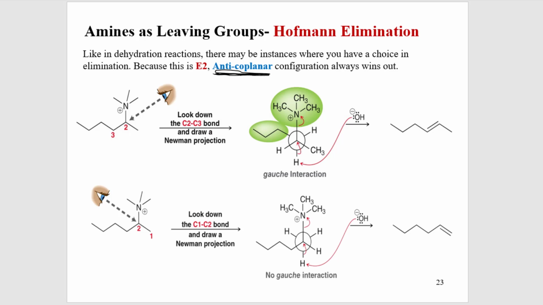The issue here is that this is the kinetic product. And this is going to be the major product in a Hofmann elimination, because the double bond formed is grabbing the hydrogen that's on carbon 1, which is primary and way easier to access than, say, the anti-coplanar one at carbon 3, which is secondary. In these reactions, you do the kinetic thing. Go after the easier to grab proton.